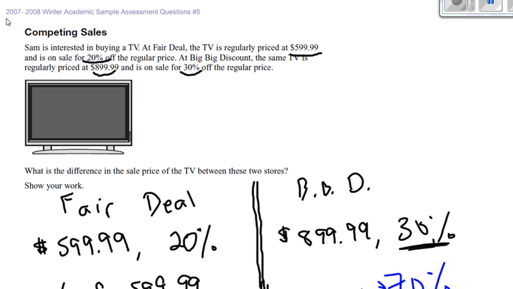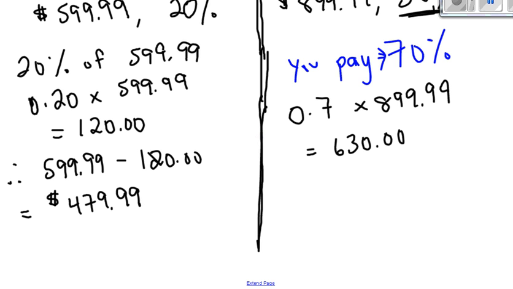Now, always check, what is the actual thing I'm supposed to answer? What is the difference in the sale price between the two stores? Just because I think I'm done, I wasn't done. Make sure you finish the question.